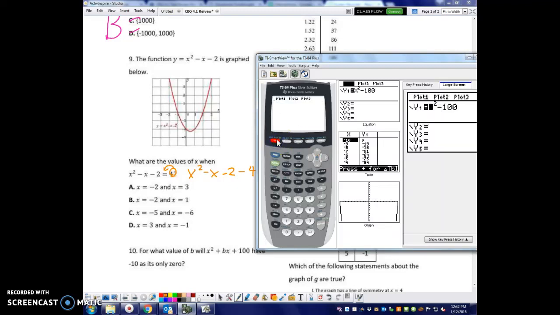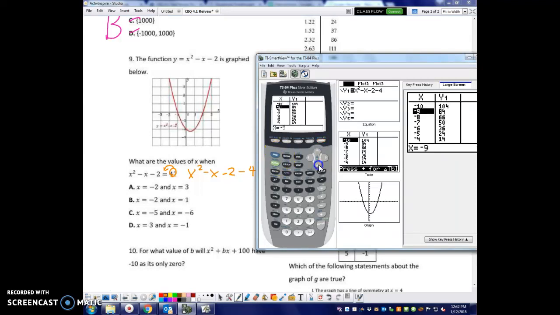So y equals x squared minus x minus 2 minus 4. Graph. Well, let's check. It looks like it's touching here at negative 2 and 1, 2, 3. Negative 2 and 3. Let's check our table. Well, it did at negative 2. Let's see about 3. Yep, it did at 3 too. So negative 2 and 3. That is A.